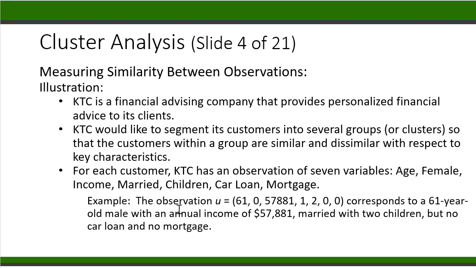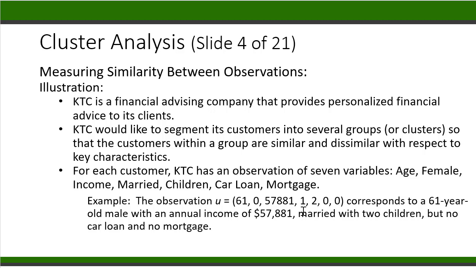So here we have observation U. If we collect this information, we arrange it like this. Age 61, not female, income 57,881, married, yes, children 2. I'll have to go back and see what the 2 means. And I think I got ahead of myself.